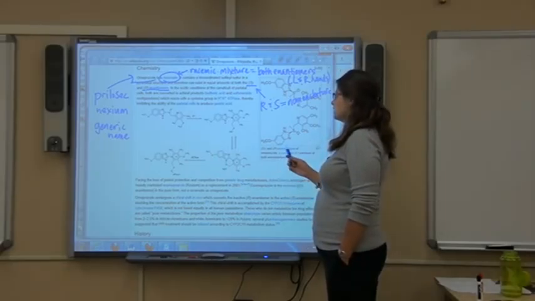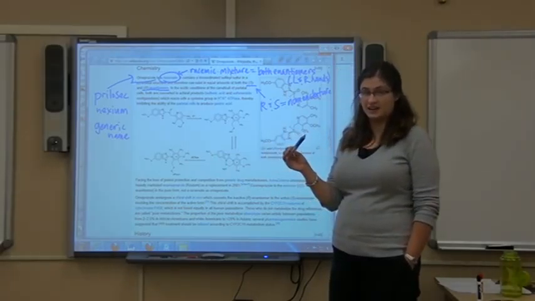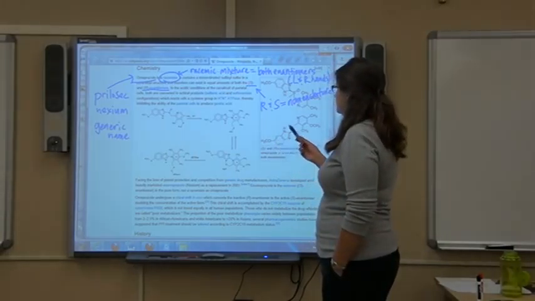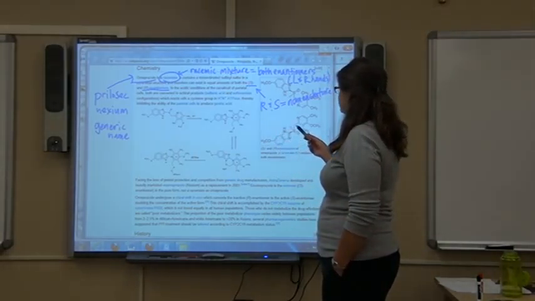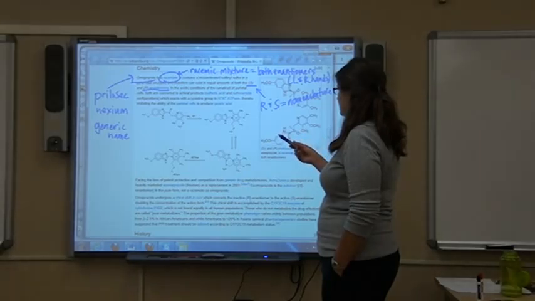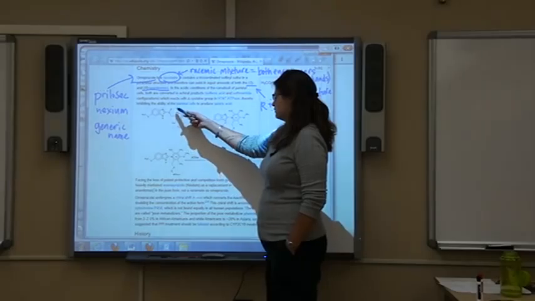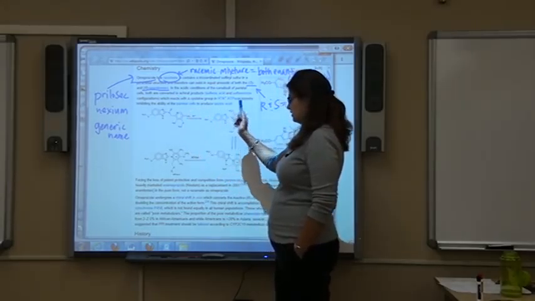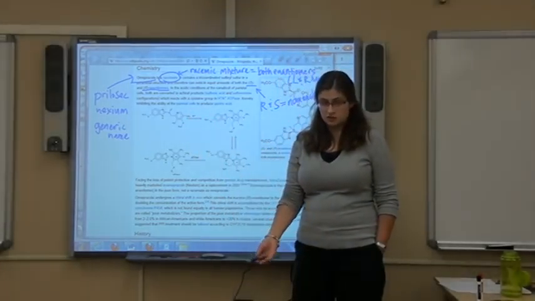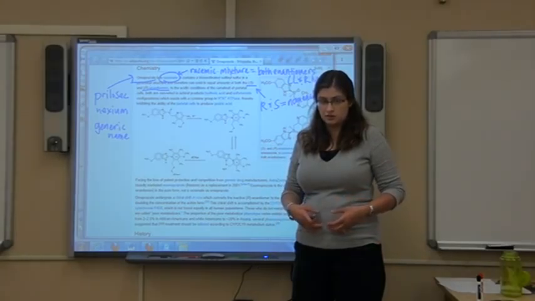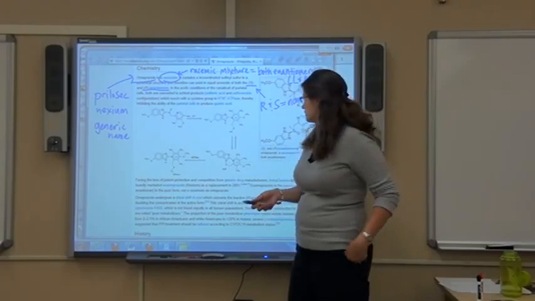So you have a combination of both the left and right hand enantiomers. In the acidic conditions, and so on. So basically it's telling you that they're inhibiting the ability of the parietal cells to produce gastric acid, which is what, the more acid you have in your stomach, the more it's going to bubble up and reflux.